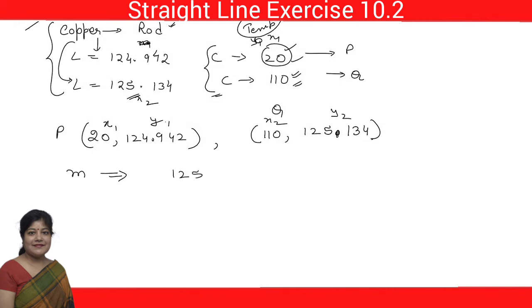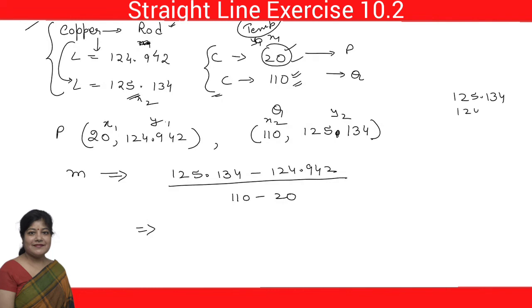So 125.134 minus 124.942 over 110 minus 20. So what is the answer? 0.192 over 90.